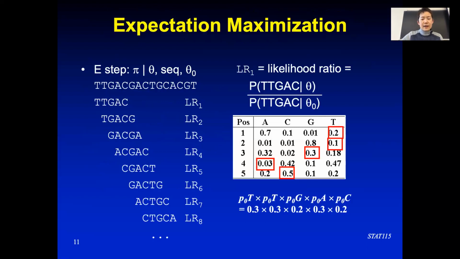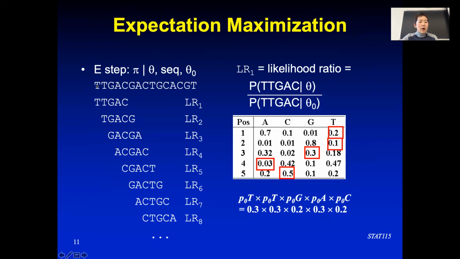It doesn't matter what it is. It can be very weak. Supposedly this is the initial matrix we give. You can start somewhere. This base is 70% A, 20% T, 10%, 1% G. Remember, we do not like zeros in the matrix. We give them some numbers, okay?